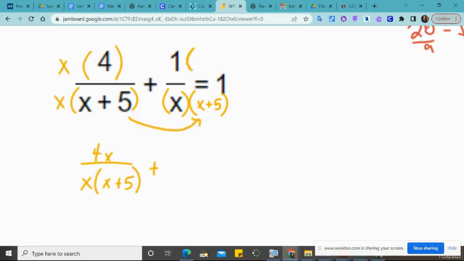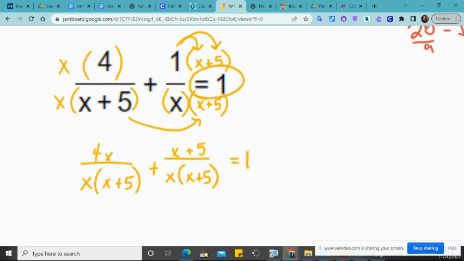Multiply the top by x plus 5. And then of course we distribute that: 1 times x and 1 times 5 is just x plus 5, over x times x plus 5. And we can't forget there was this equals 1 over here on the side, so I'm going to leave it.